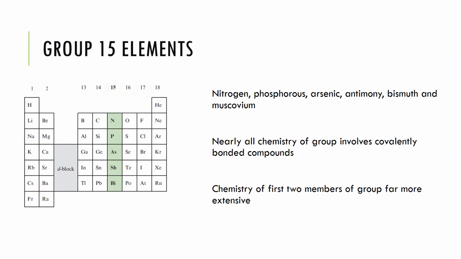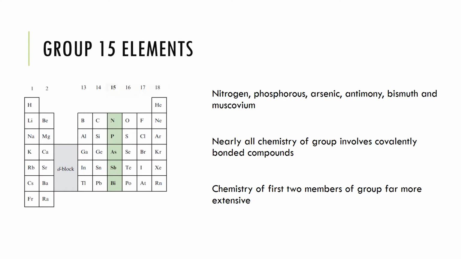So we move on to group 15 then: nitrogen, phosphorus, arsenic, antimony, bismuth, and moscovium. And the main kind of difference between this group and the previous groups that we've discovered is now that we've moved to a very covalent region of the periodic table.